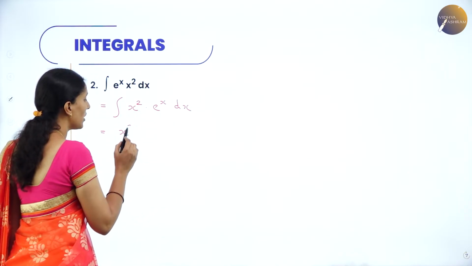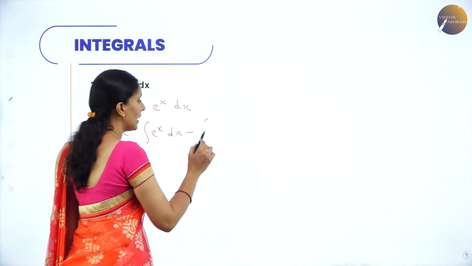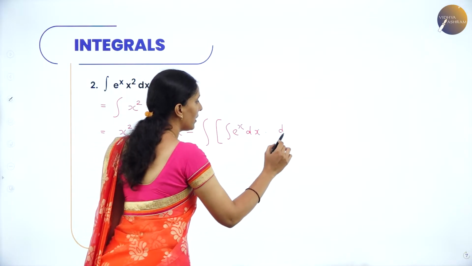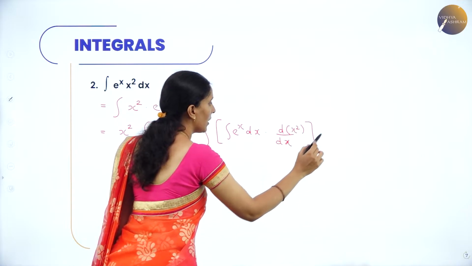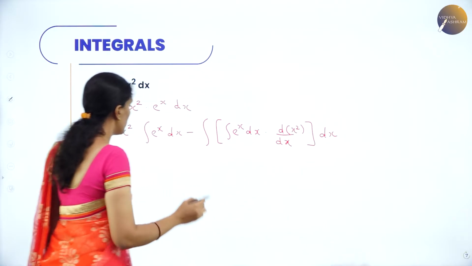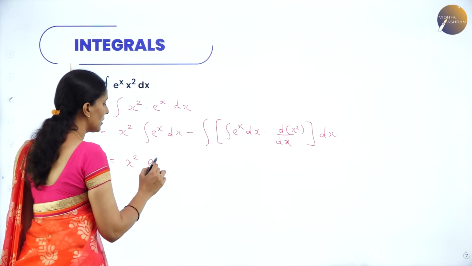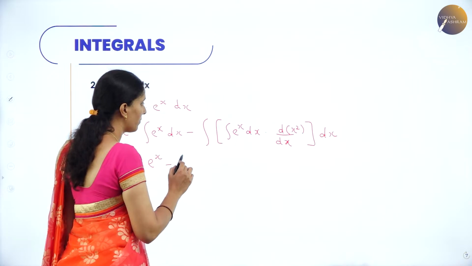So first function, integral of second minus integral of second into derivative of first function, that is x square, into dx. So now here x square, what is the integral of e power x? It is e power x only, minus here, what is the integral of e power x?